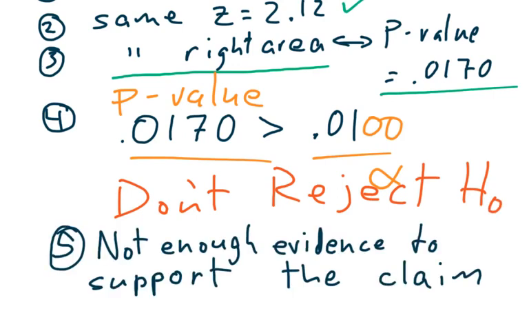And so because we came to a different decision, because of essentially the different strictness of the test. When we lower alpha, it's almost as if we have to get even stronger evidence to make us reject the null hypothesis.